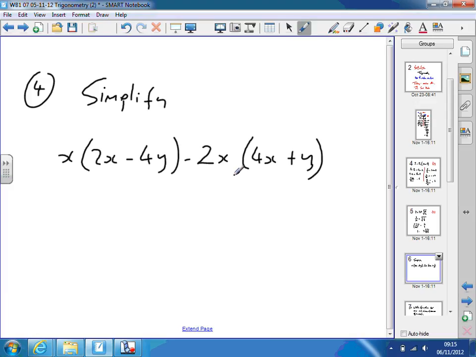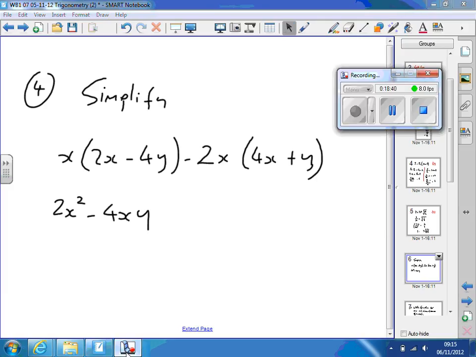X times 2x, 2x squared. X times minus 4, minus 4xy. I could have written minus 4yx here, but we tend to write numbers first and then letters alphabetically, so xy.